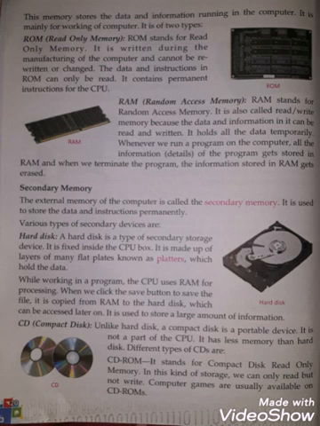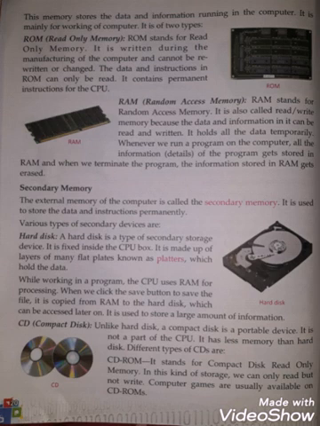Primary memory. The internal or main memory of the computer is called primary memory. So primary memory is also known as main memory or internal memory. This memory stores the data and information that are running in the computer. It is mainly for the working of the computer.